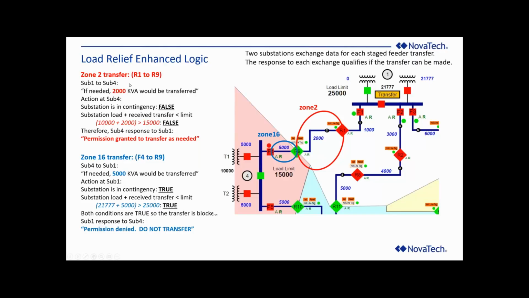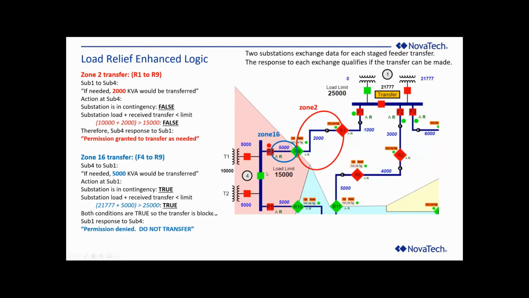So in this case, we have zone 2 here that has 2000 kVA. Substation is allowed to carry 25,000 kVA, and it's already loaded up to 21,777. Okay, and at substation 2 over here, or actually substation 4, the allowed load limit is 15,000. It's carrying 10,000 kVA.